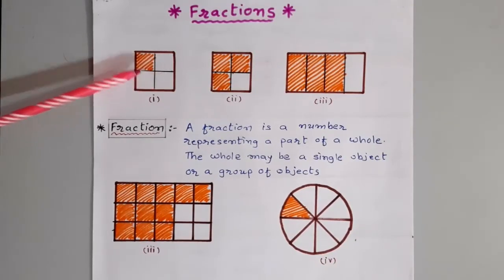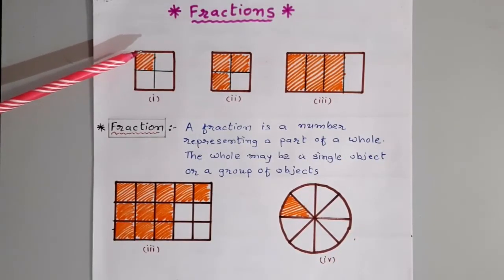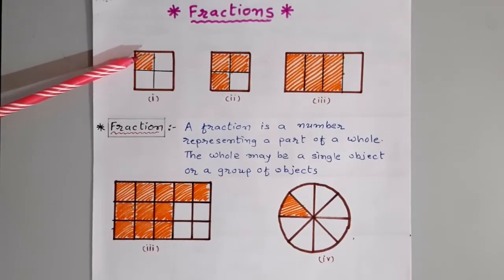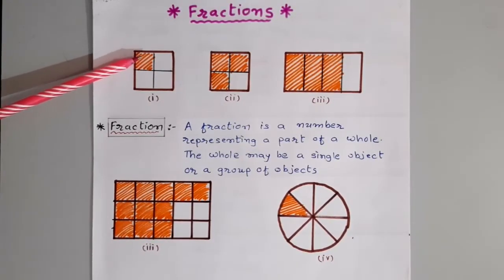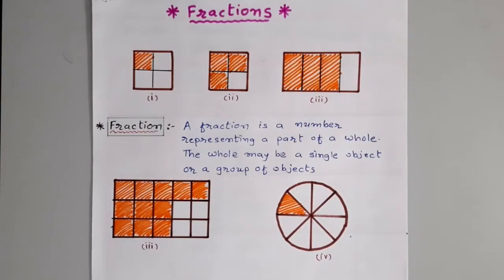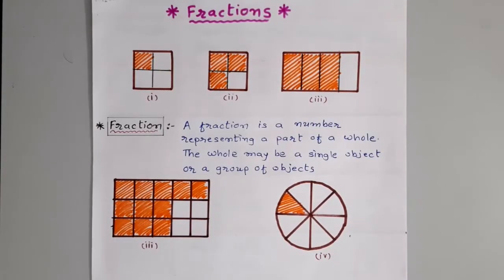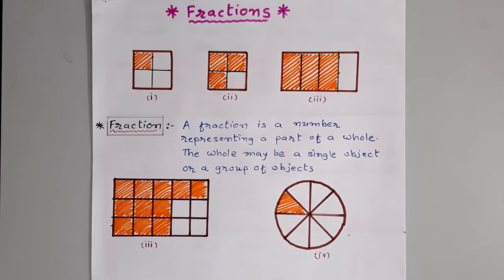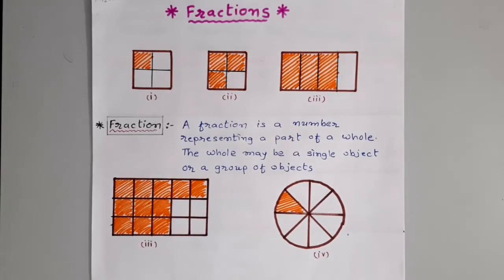1, 2, 3, 4, 4 parts, and shaded part is 1. So this shaded part represents 1/4. 1/4 is written as 1/4.